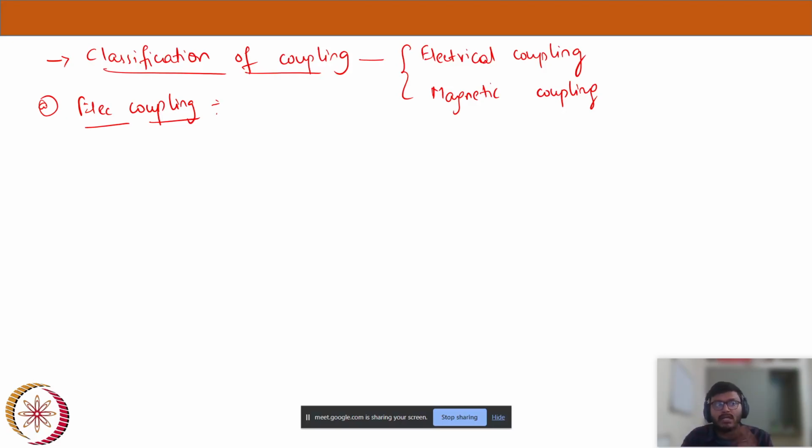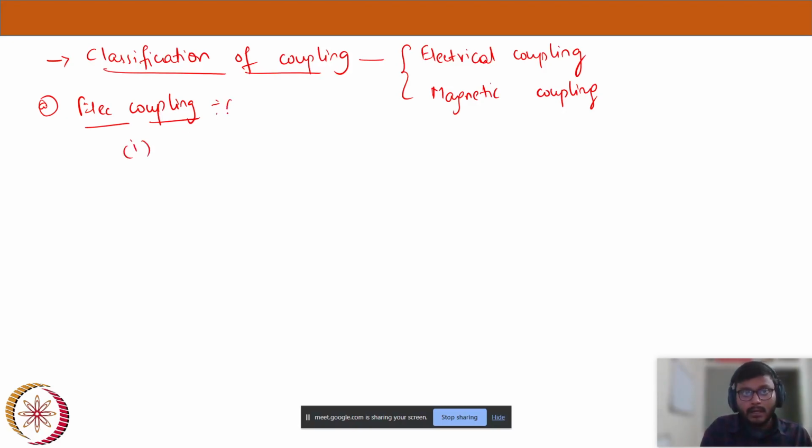Physical connection should be there. Now, let's step into electrical coupling of aiding type. What is the meaning of aiding? Aiding means to enhance, to help, to go along with it. Opposing means in the opposite. So we are opposing something and we are aiding something. First we will look into the aiding kind of electrical coupling.